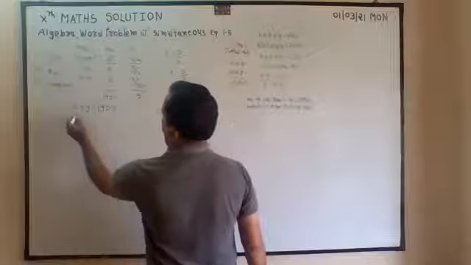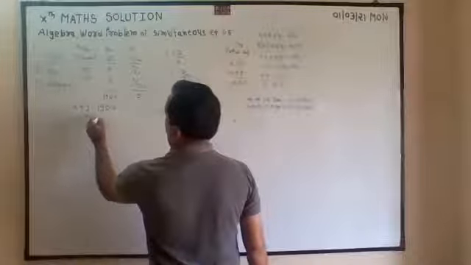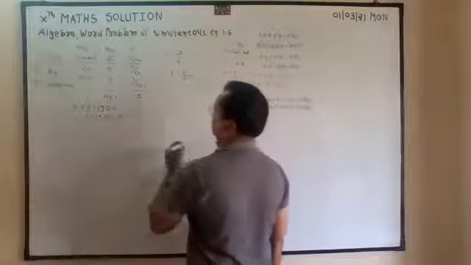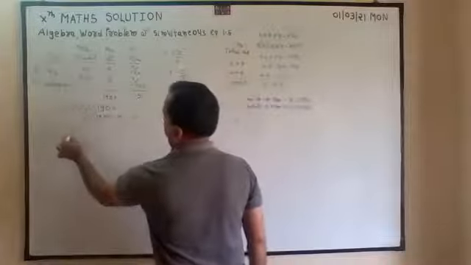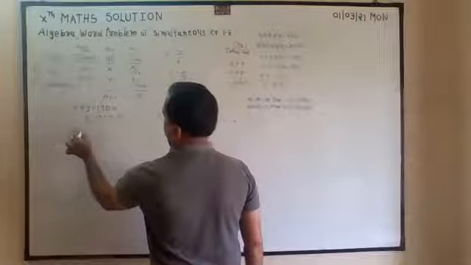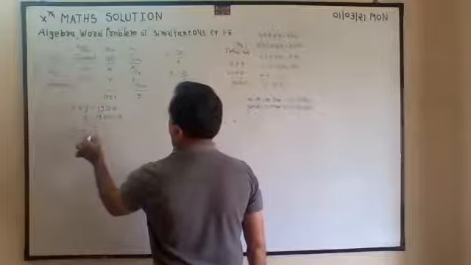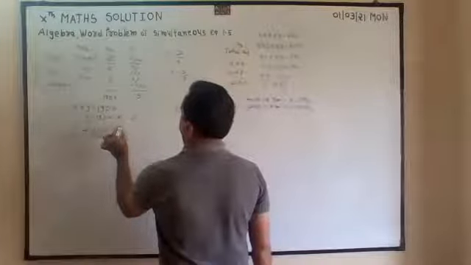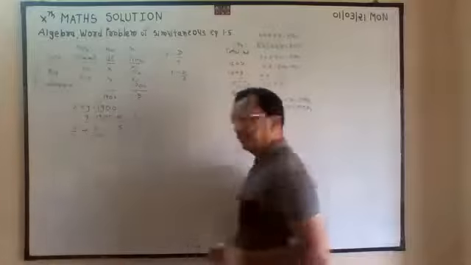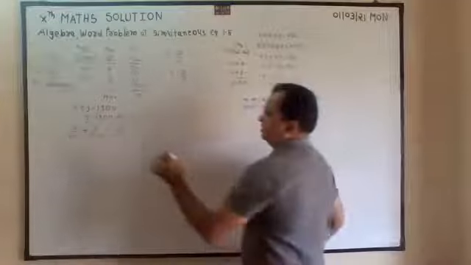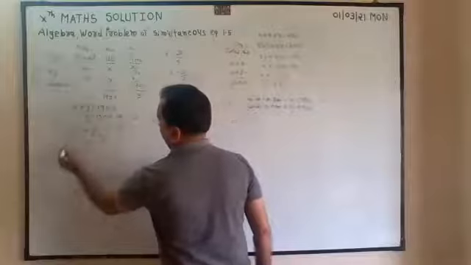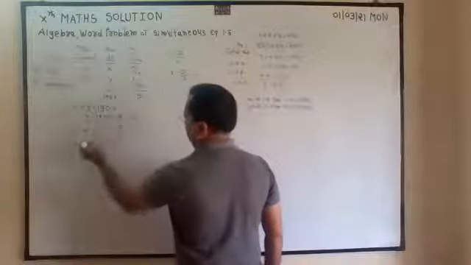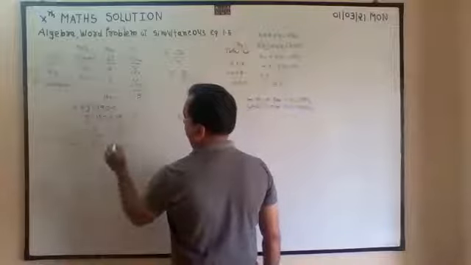So here I will write, therefore y is equal to 1900 minus x. This is the first equation. Second equation, x by 60 plus y by 700 is equal to 5 by 1. Simple. Under this, product of rest of 2, so 700. Under this, product of rest of 2, 60. Under this, 42,000.